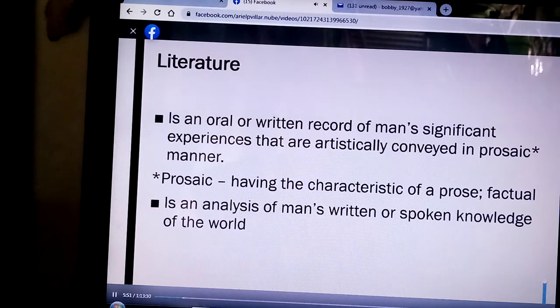That is the technical format of writing your review of related literature, and that's what it means to be writing in a prosaic manner, in a paragraph form. Okay, anything that is the contribution of man, either in oral or written form, is considered to be literature.